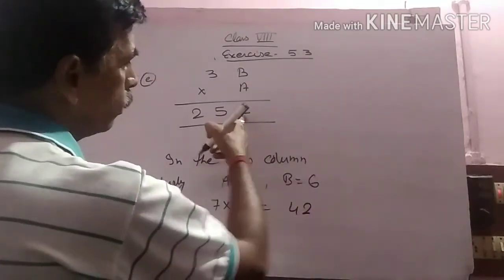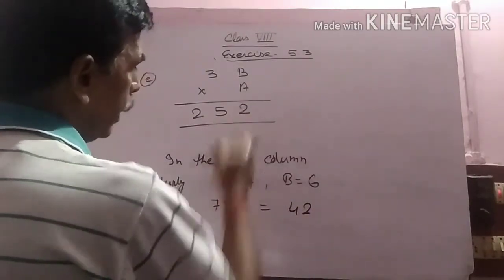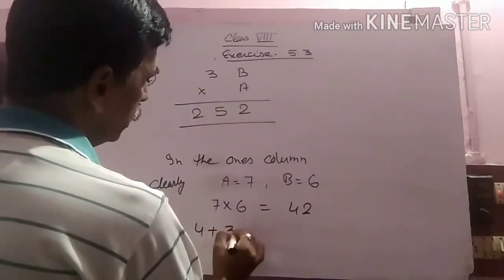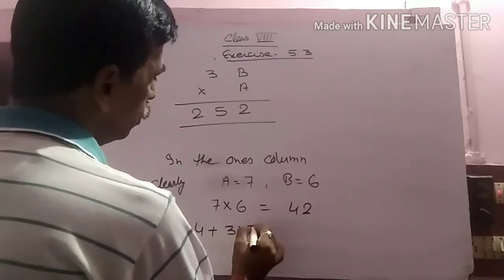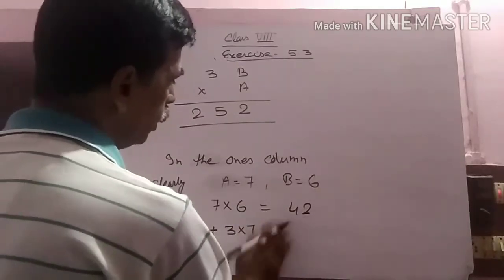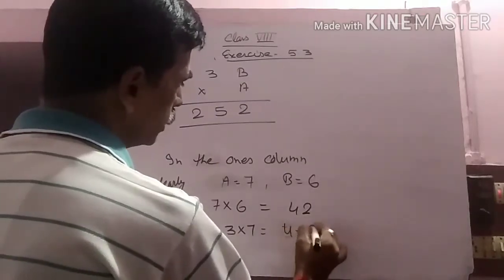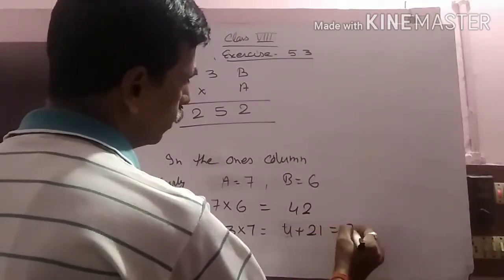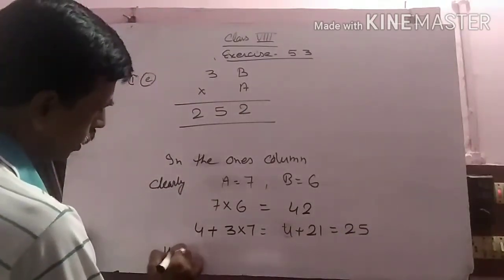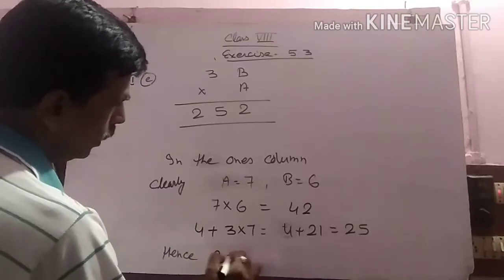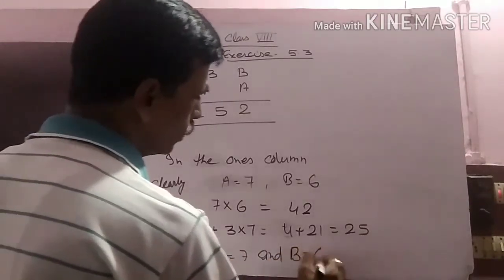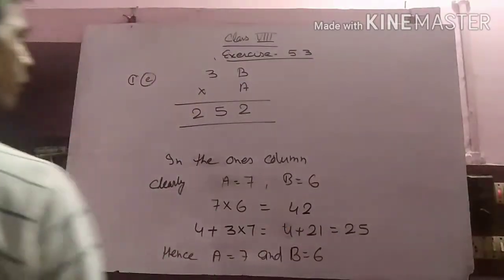So we have written the value of ones here and 4 is carried. 4 plus 3 into the value of A, which is 7, is 4 plus 21, which is equal to 25. Hence, A is equal to 7 and B is equal to 6.